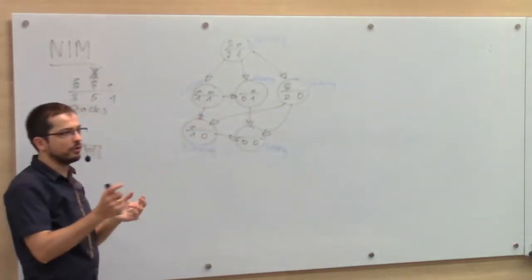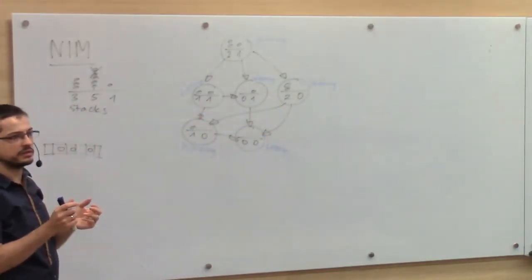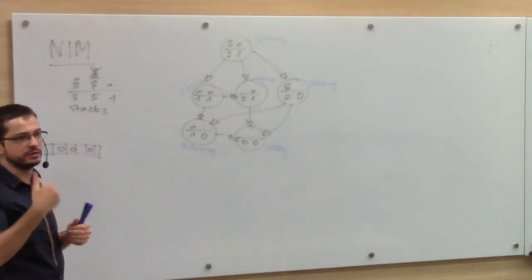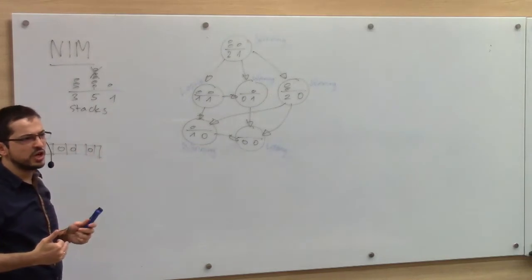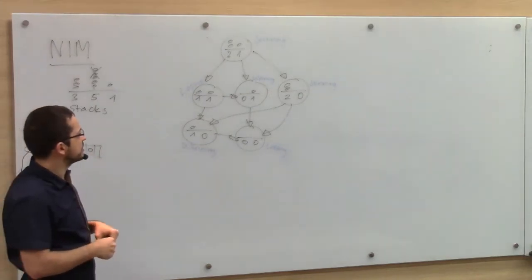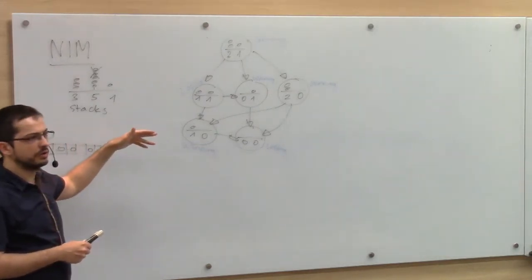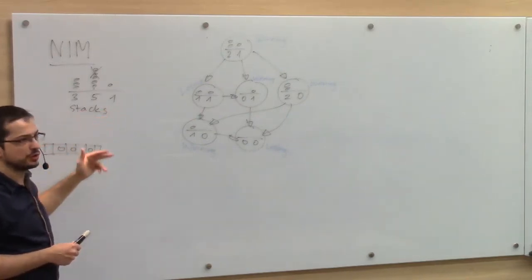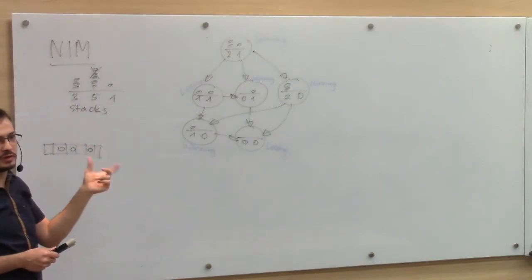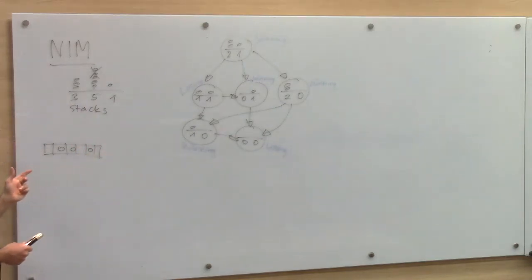So if you have the edge from some state to another state, you know that the total number of tokens on the stacks is decreasing. So for every edge, the total number of tokens is decreasing. So you know that you can sort this graph topologically, for instance by the total number of tokens on the stacks.